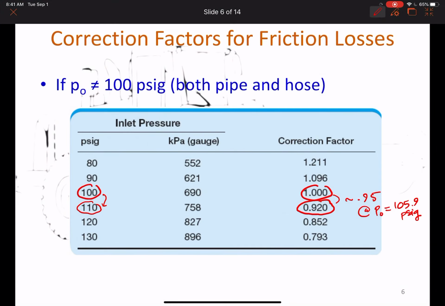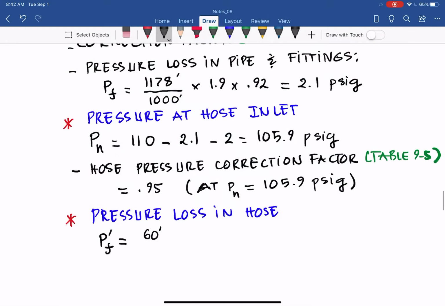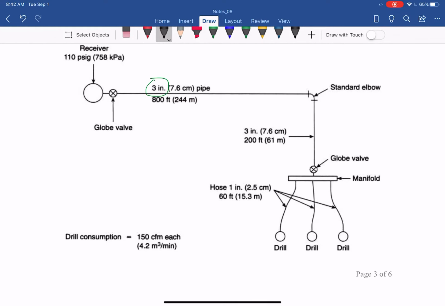So we go to table 9.6. That apply for the hose. And per 50 feet, not 1,000 feet as you see in the pipe. So we have the flow for each drill through the hose is 150. So let's take here 150 cubic feet per minute. And our pipe for the hose, here's the diameter is 1 inch, not 3. 3 is for the pipe, and then go to the hose is 1 inch.